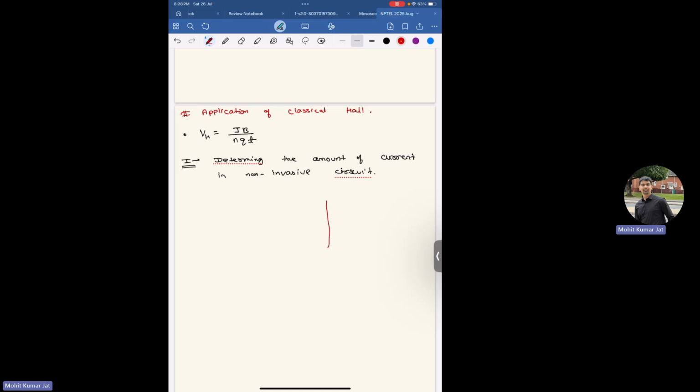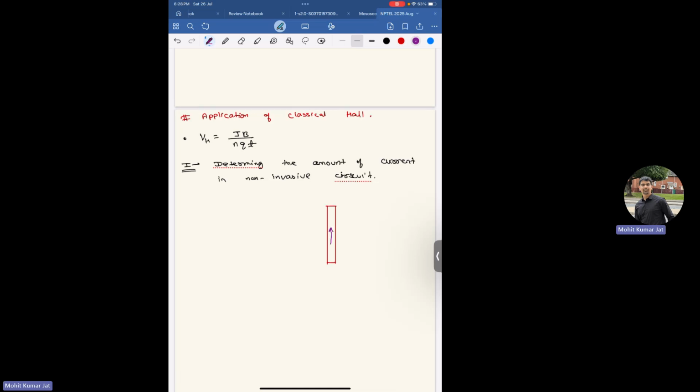For example, if this is your current carrying wire, and the current is moving like this, and without cutting or doing anything on this wire you want to measure its current, you place your Hall sensor like here. You pass a little current between these two points, and you measure this voltage between A and B, VAB, which is nothing but the Hall voltage.